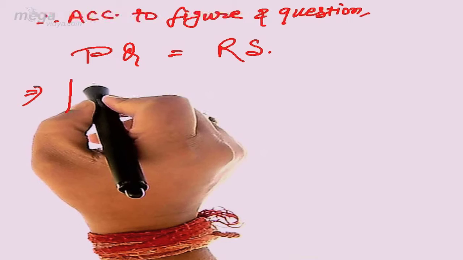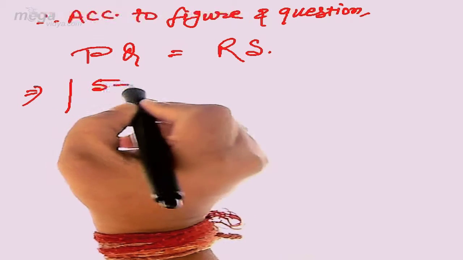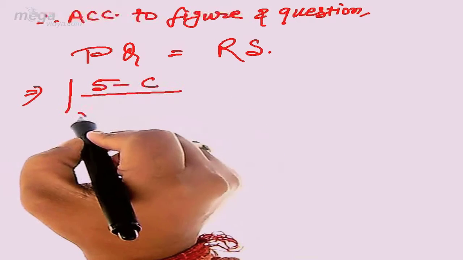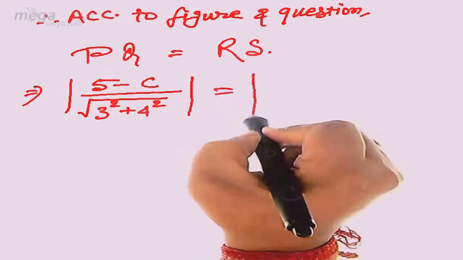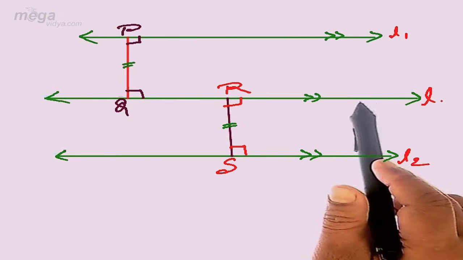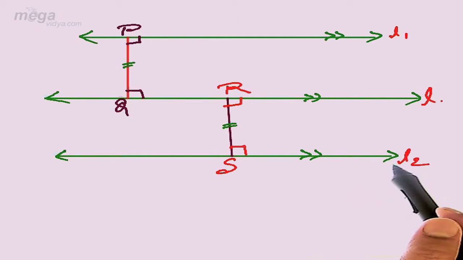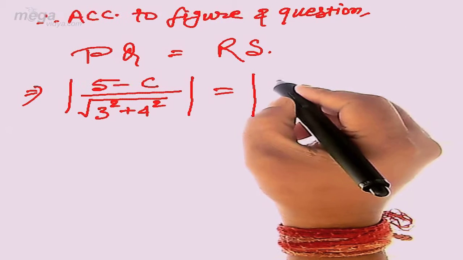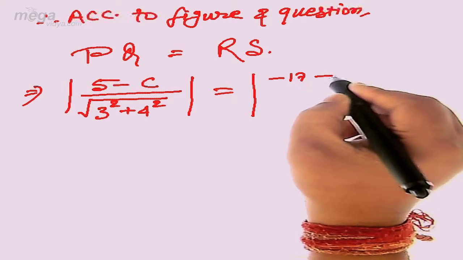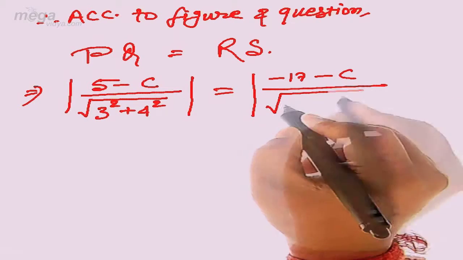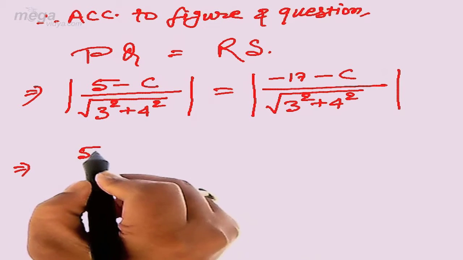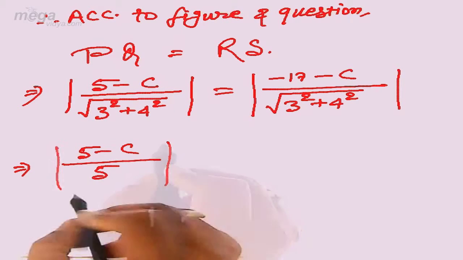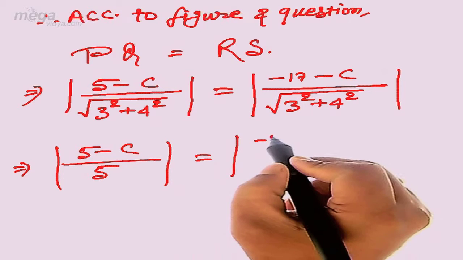So PQ will be mod 5 minus c upon root under 3 square plus 4 square, equal to RS, the distance between the required line and line 2, which is mod minus 17 minus c upon root under 3 square plus 4 square. So you get mod 5 minus c upon 5 is equal to mod minus 17 minus c upon 5.